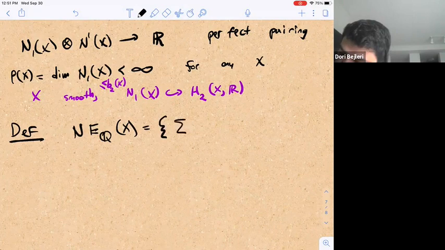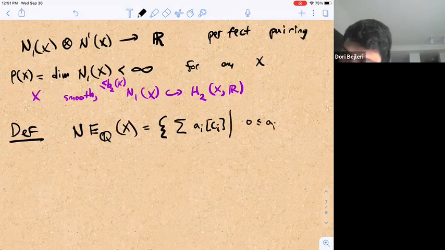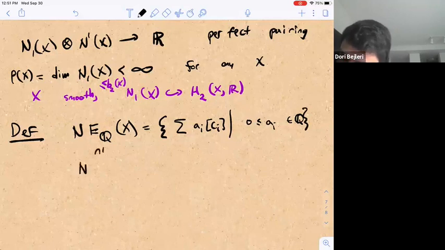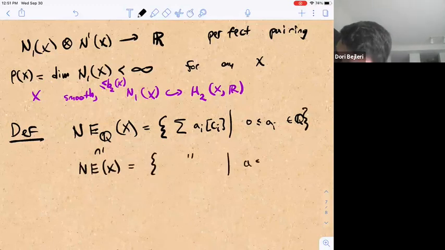So this will be the sum, all formal linear combinations sum a_i C_i, where this means the numerical class, where a_i is rational and non-negative. And then we have the real counterpart, which we'll just call NE(X) with no subscript. Same thing, but where a_i is real and non-negative.